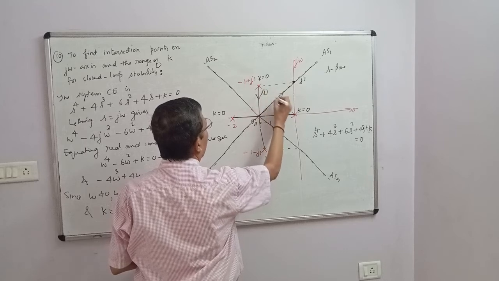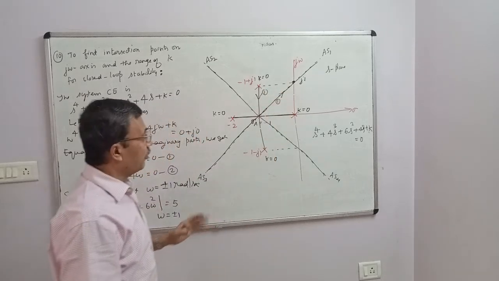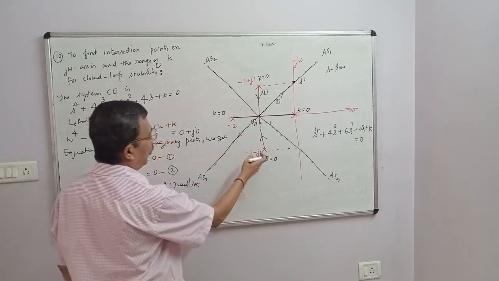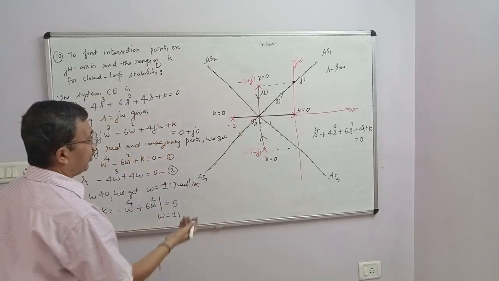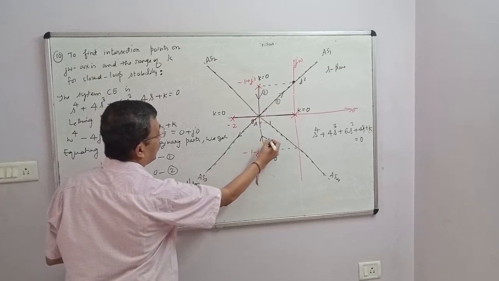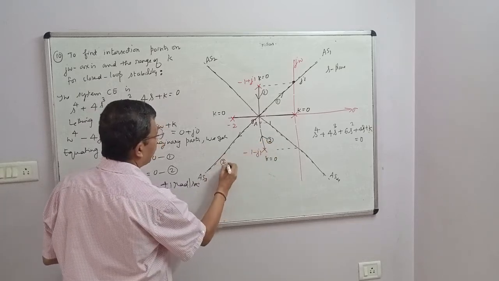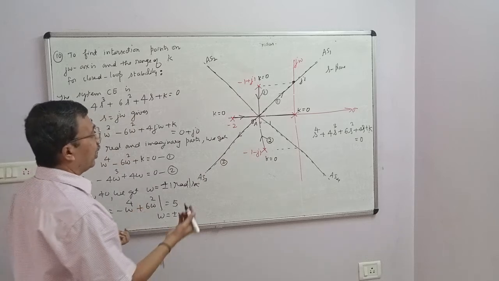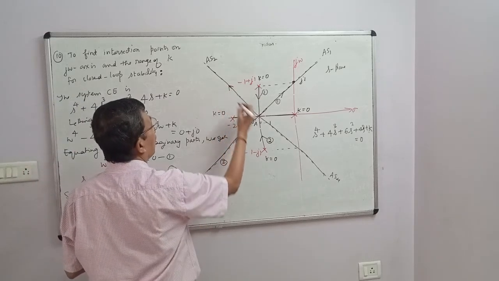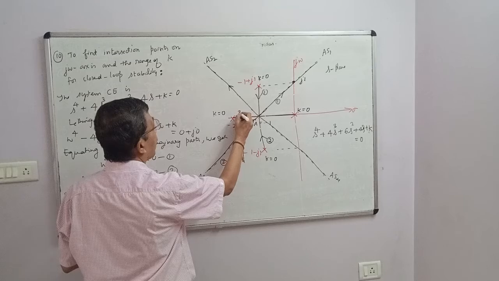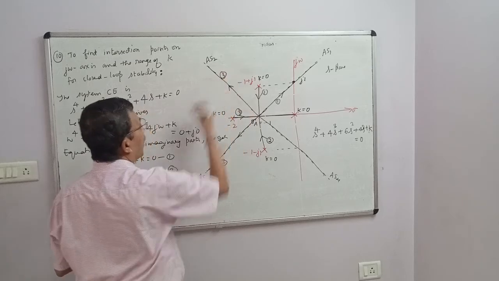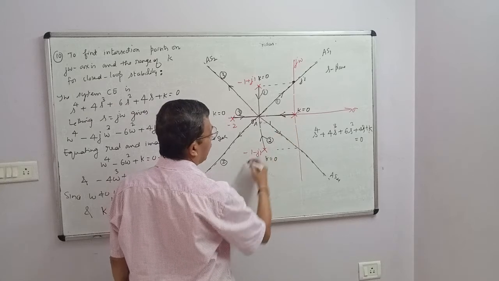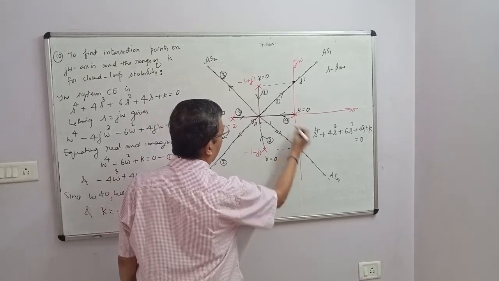Therefore, I will write this as branch 1 for your understanding. This pole also can select any asymptote. Let us assume that it selects asymptote 3. This pole also can select any asymptote. Therefore, I will assume that it selects asymptote number 2. This is branch 3. This pole selects asymptote number 4.